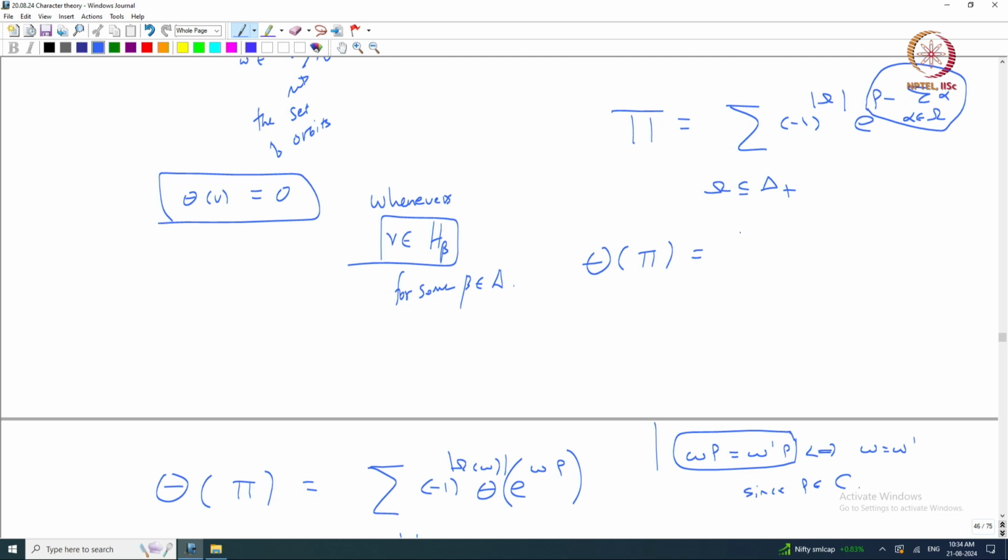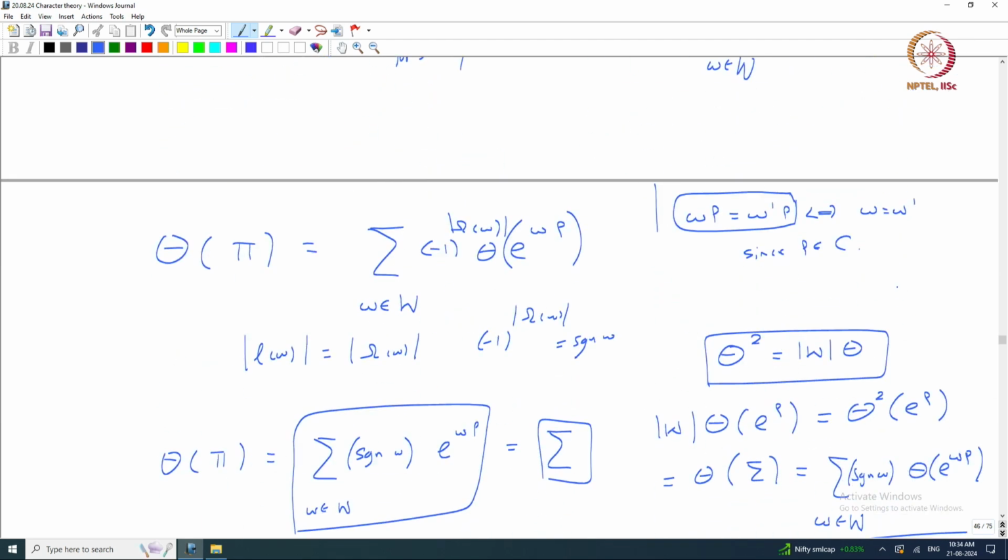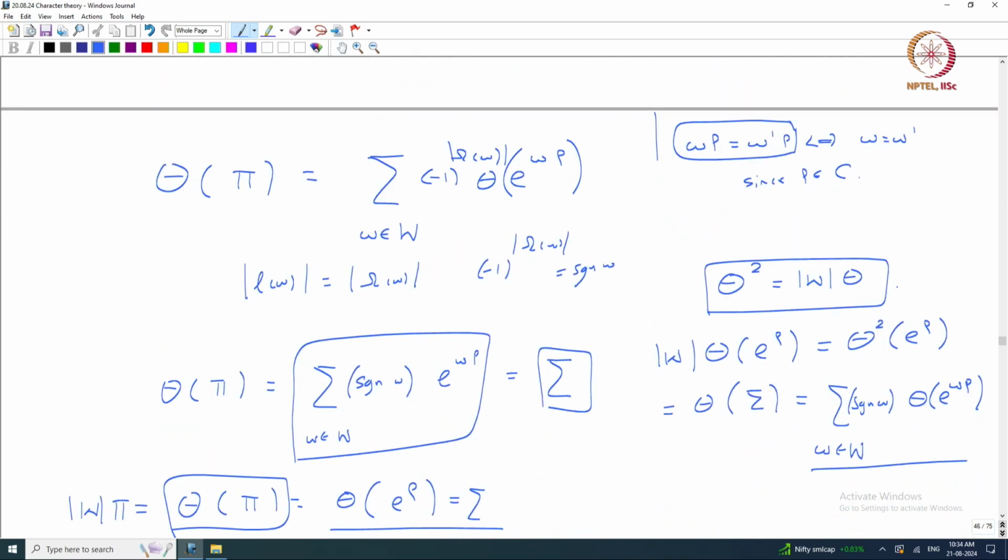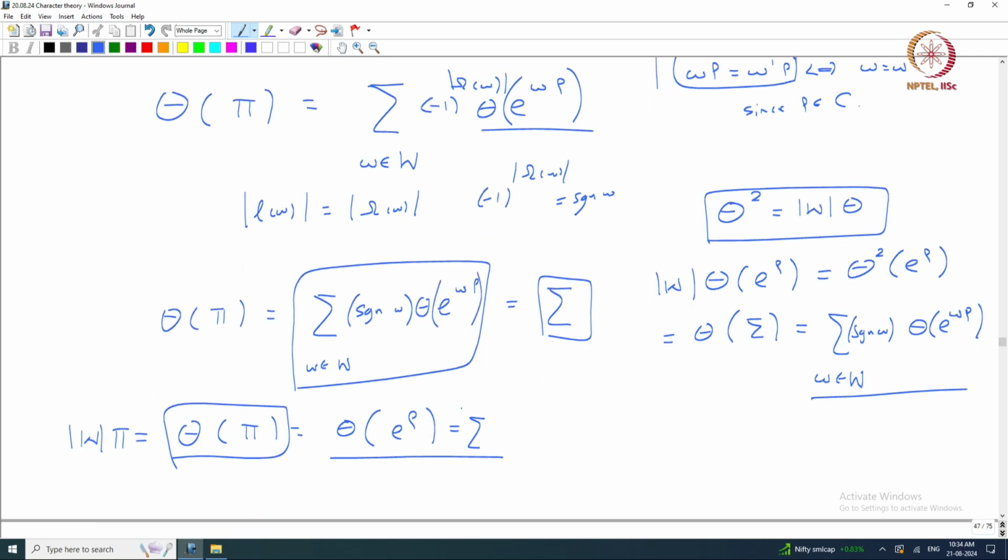So, this gives me exactly the summation over W in W of minus 1 power the cardinality of omega of W, e power theta of e power W rho. Okay, that is the mistake that I have done. If you apply theta here, then theta of pi is theta of this, but theta of W rho is nothing but sine W theta of rho. So, this equality is not correct.